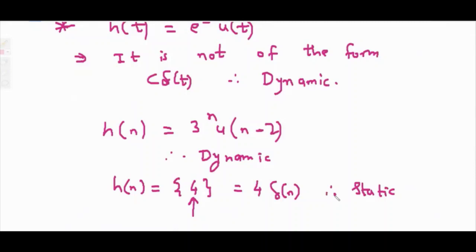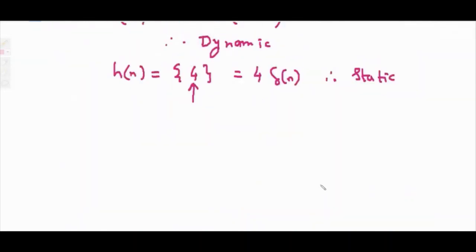Now you may see some shifting in impulse signal, but again those are dynamic systems, like h of t equal to 2 times delta t minus 2. Okay, you may say that it contains delta, but it is not static. The signal must be present at origin only.